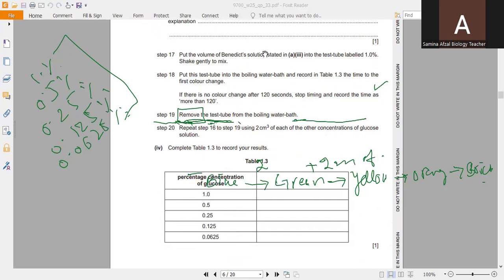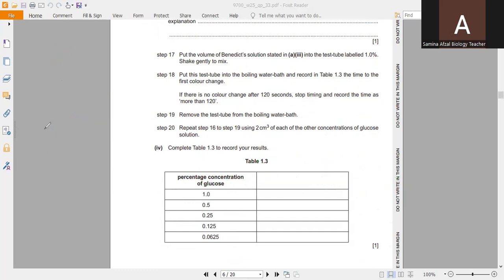Now I'm moving towards the next step, step number 17. Put the volume of Benedict solution stated in A in the test tube labeled 1%, shake gently to mix. Put this test tube into the boiling water bath and record in table 1.3 the time to first color change.